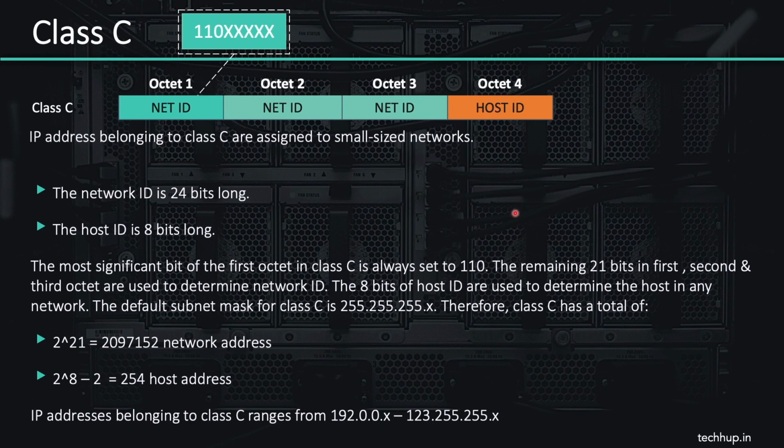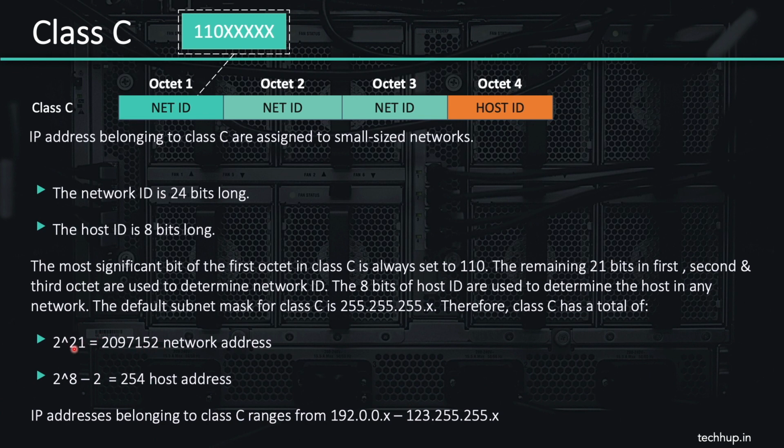The subnet mask, as evident here, would look like 255.255.255, and the last octet being dedicated for the host addressing. So therefore, a class C has a total of this many networks, and how we calculate it is quite evident from our previous discussions also.